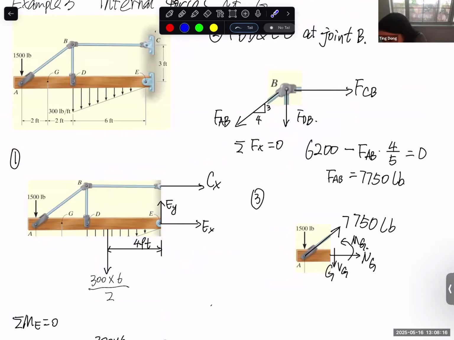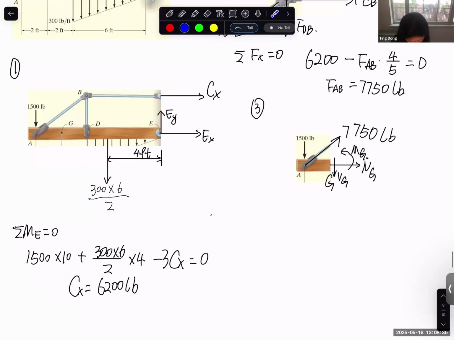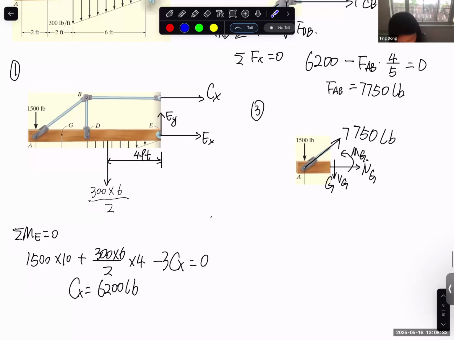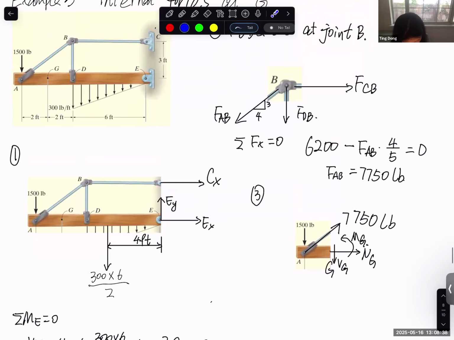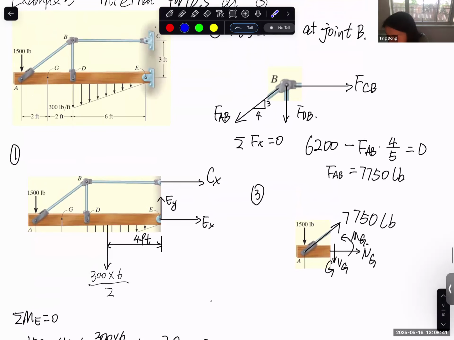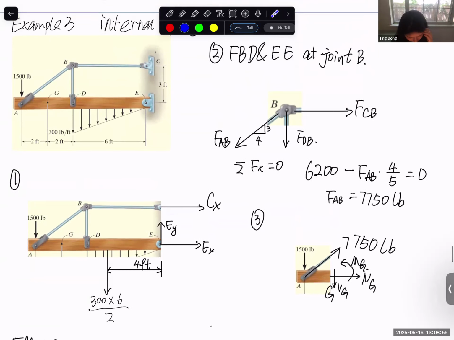Could we consider FBD and FDC as 1? What do you mean by FBD and FDC? What is FDC?